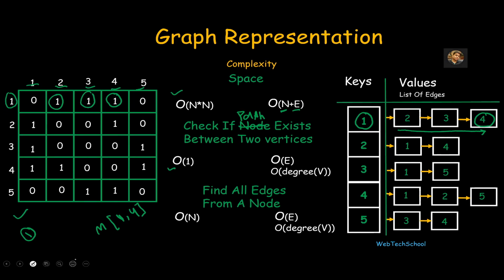In this case, we have a path between 1 and 2, 1 and 3, and 1 and 4. But in case of the linked list or adjacency list approach, again we need to traverse through the entire list to return all the nodes. So the time complexity would be big O of degree of a vertex, or big O of the number of edges for that vertex.